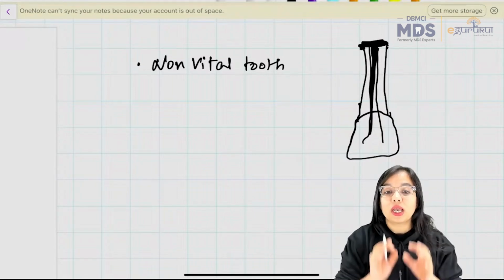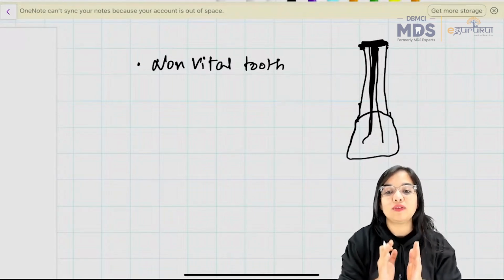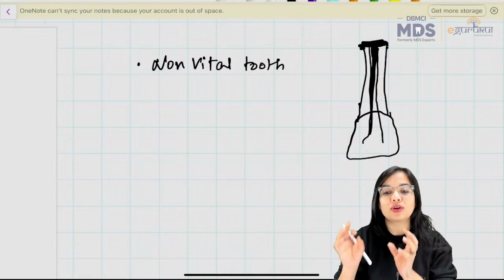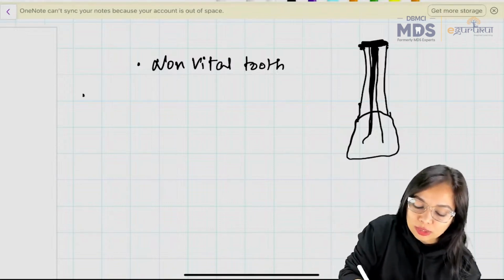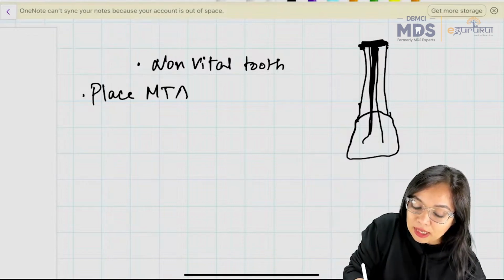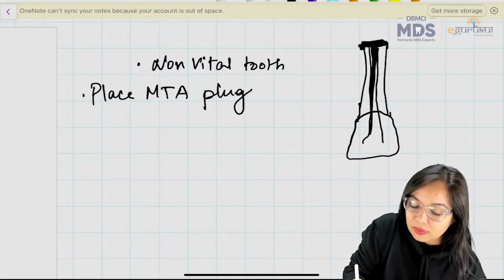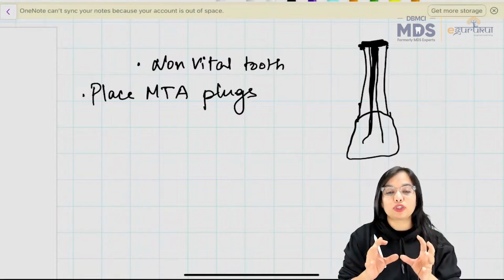and with the support of that calcific bridge you do a complete obturation. But in case of MTA, the process involves placing mineral trioxide aggregate plugs in the apical portion of the canals.